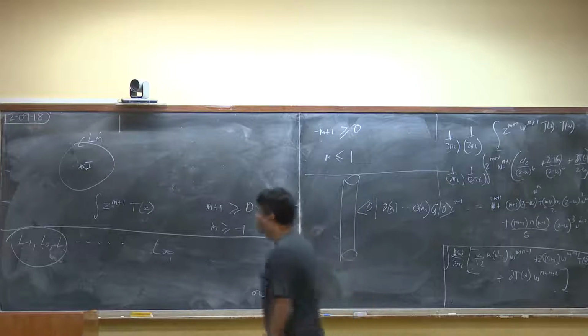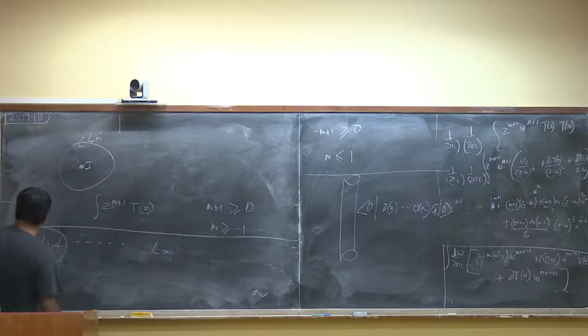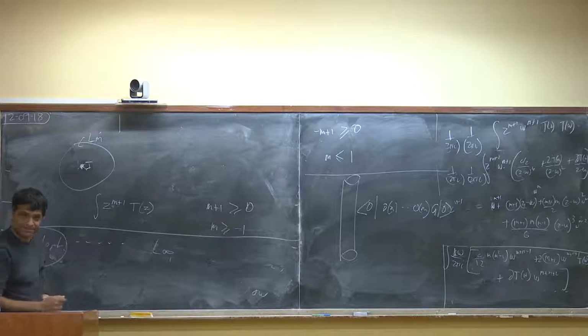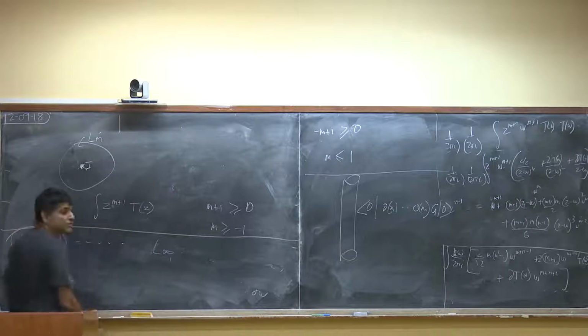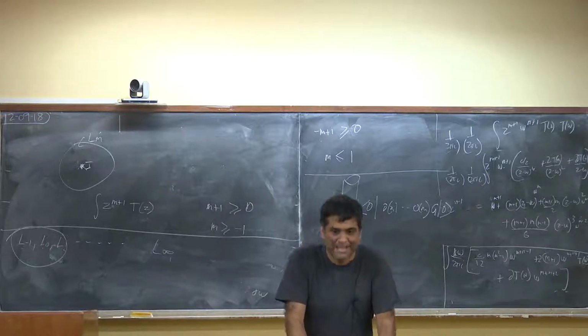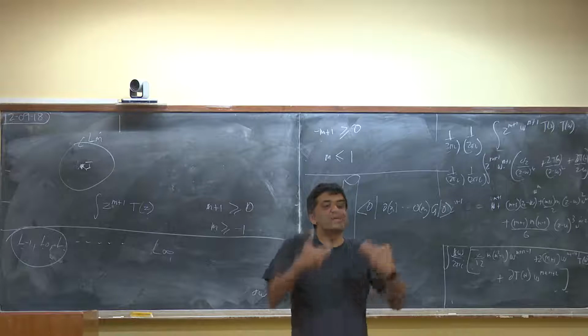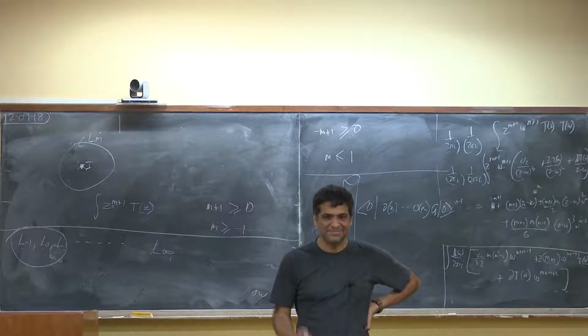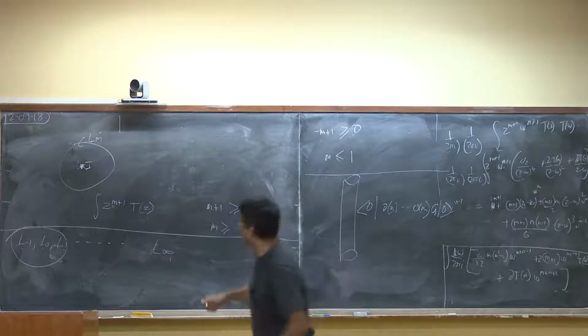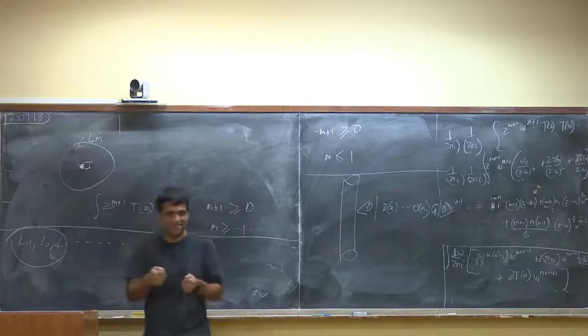Is this clear? Now, no non-trivial operator insertion will be annihilated by L minus 1. Why is that? Because L minus 1 is just d by dz. It's just translations. So suppose you've got a non-trivial operator insertion at the origin and you act by d by dz.